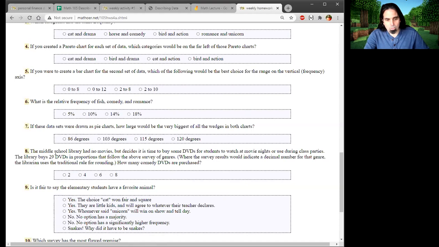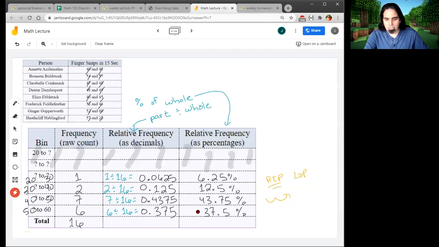So what we really want for number 8 is what proportion of 29 that we'll buy should be comedy. So if I have the proportions as percents, then I can say, oh, let's have 37.5% of this match or something like that. But I'm not sure that finger snaps would ever use the percents.